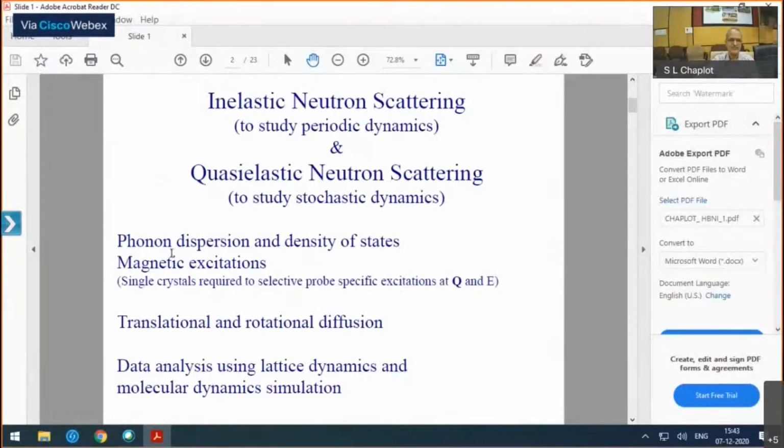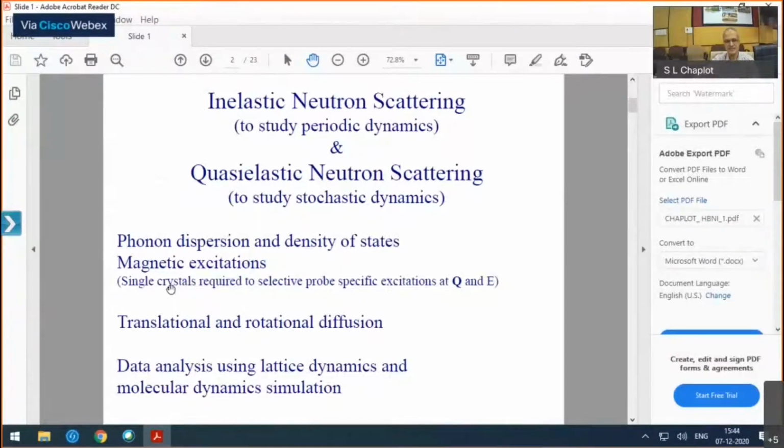For example, how do we measure the phonon dispersion relation or the phonon density of states or the magnetic excitations using single crystals or polycrystalline samples, or if you have amorphous structures. So from various kinds of structures, how do we measure this?